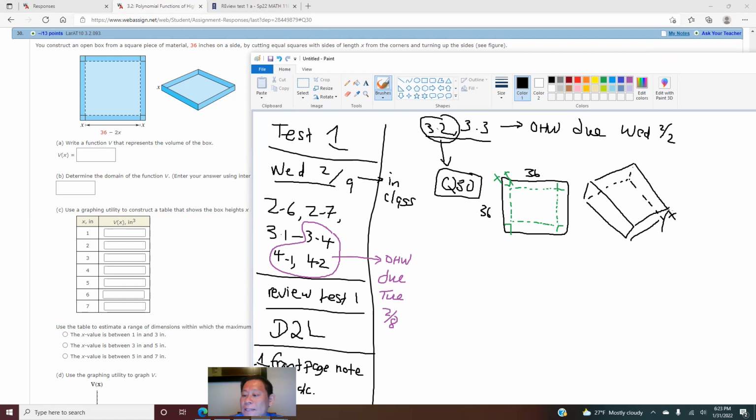The open box that you get here will have a height of X. This X is the X that you cut out from this box.